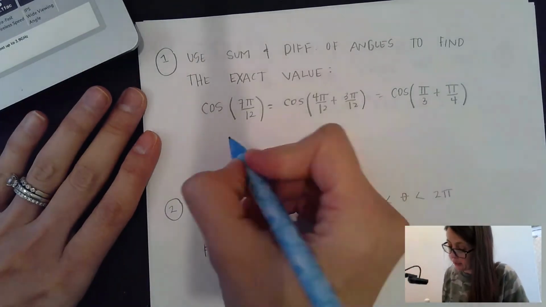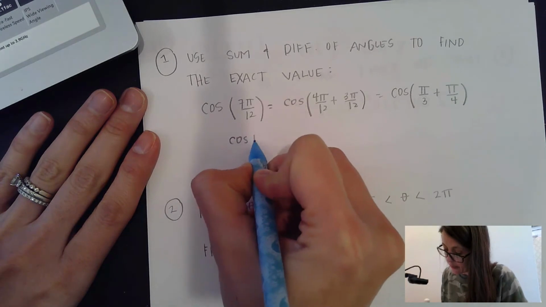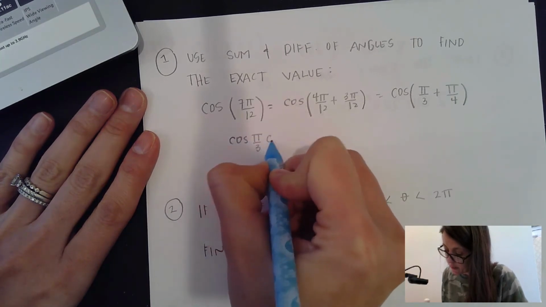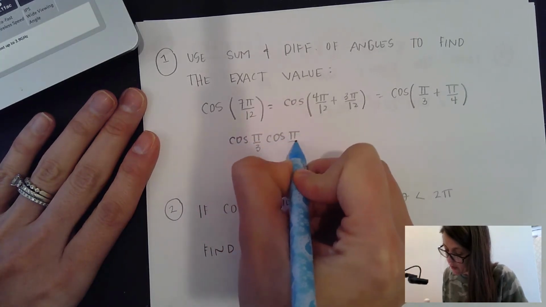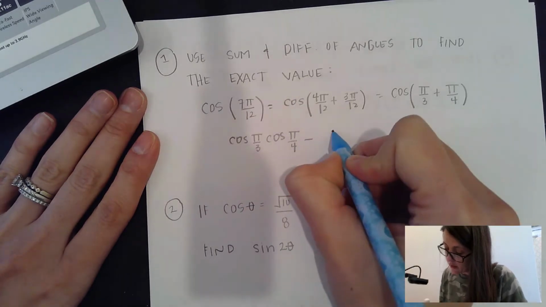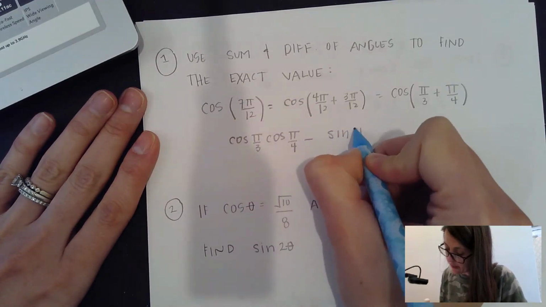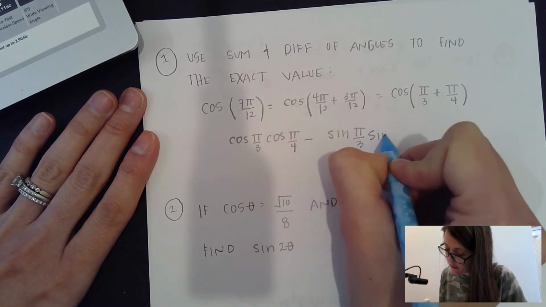So I'm going to have cosine of pi over 3 times cosine of pi over 4, minus sine of pi over 3 times sine of pi over 4.